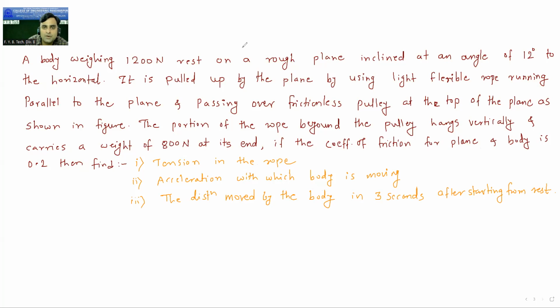So the diagram is given. We will draw the diagram first. Here is the block. The weight of this block is 1200 Newton, and this is inclined at an angle of 12 degree.